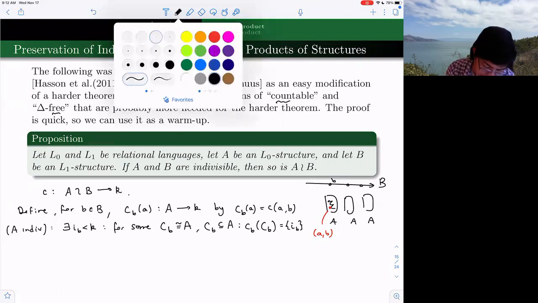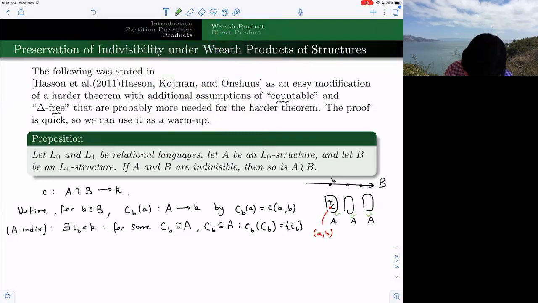So it's like we're applying the indivisibility in each of these classes. And then kind of like the previous argument, we sort of want to uniformize across B. So let's also define a coloring on B. And it's going to be according to what you got in each class.